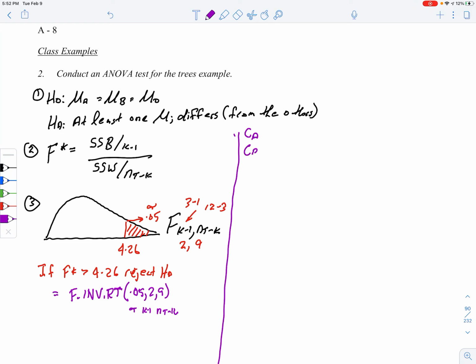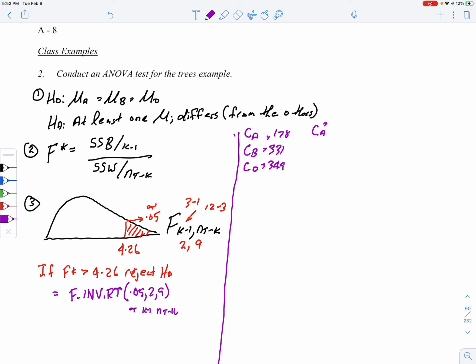So the CA, the CB, and the CO values were 178, 331, and 349.